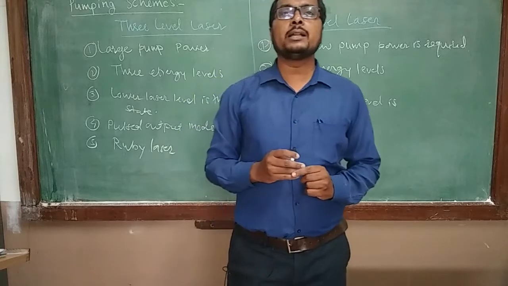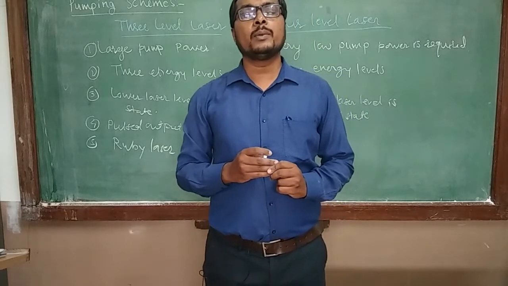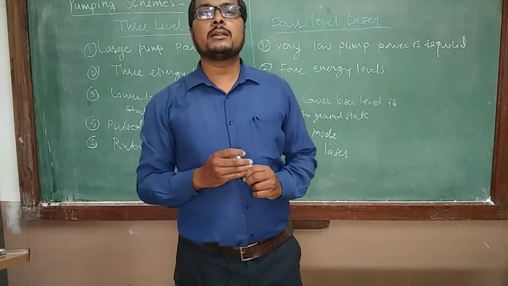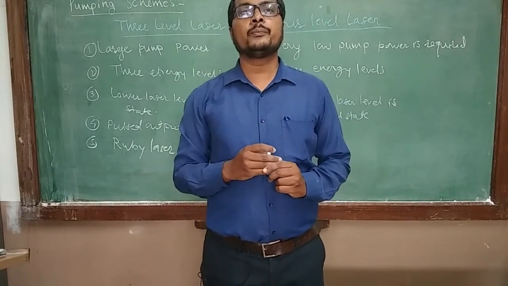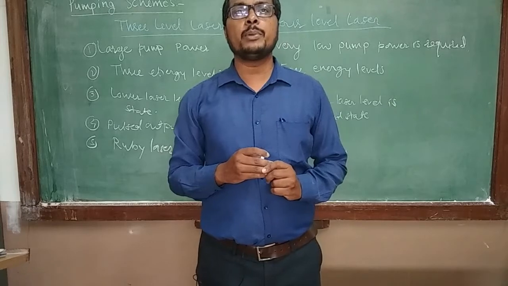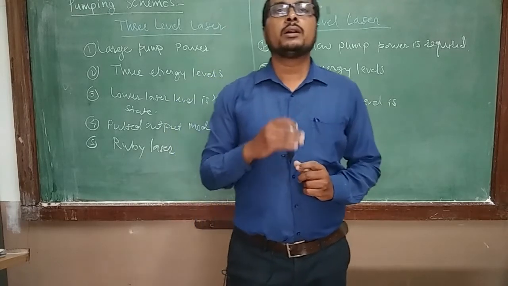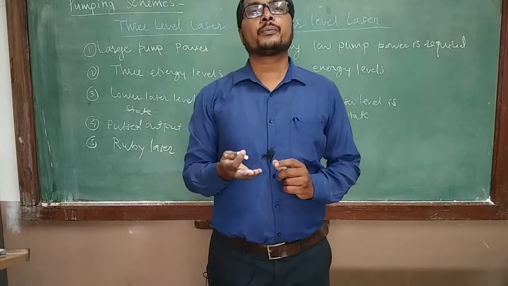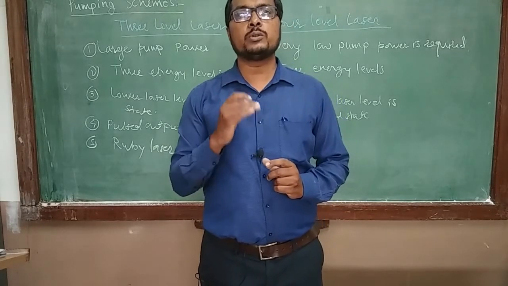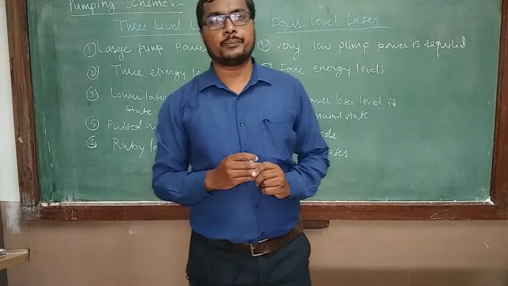We have also studied the 3-level laser scheme, in which the terminal laser level is the ground state, and in the 3-level scheme we need very high pumping power, because we need to lift more than half of the atoms to the excited state in order to achieve population inversion.